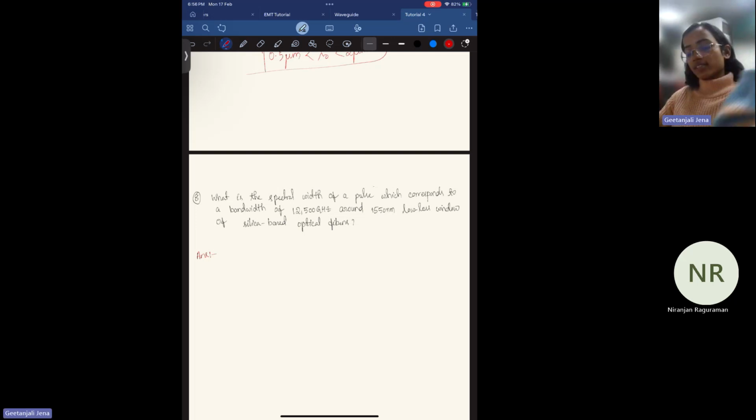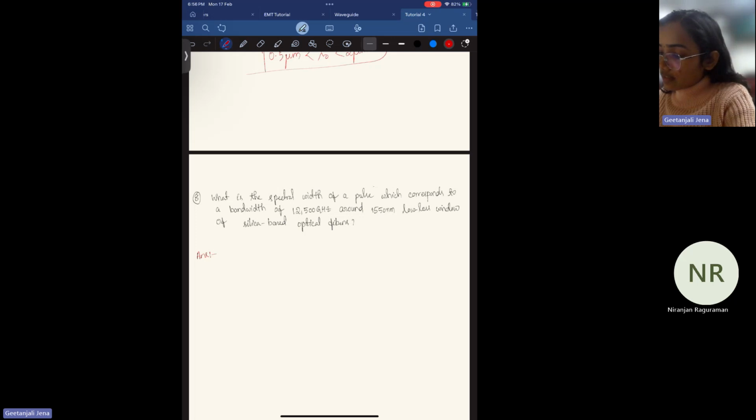So the question is, what is the spectral width of a pulse, which corresponds to a bandwidth of 12,500 gigahertz around wavelength 1550 nanometer in the low loss window of silica-based optical fiber.